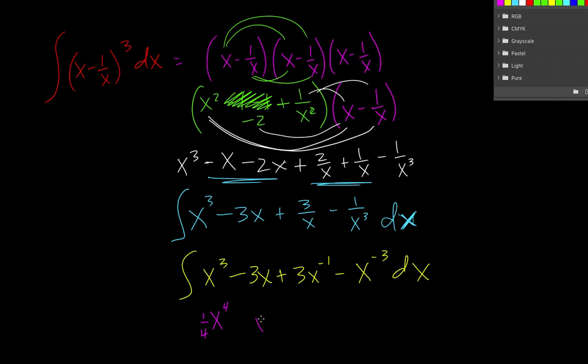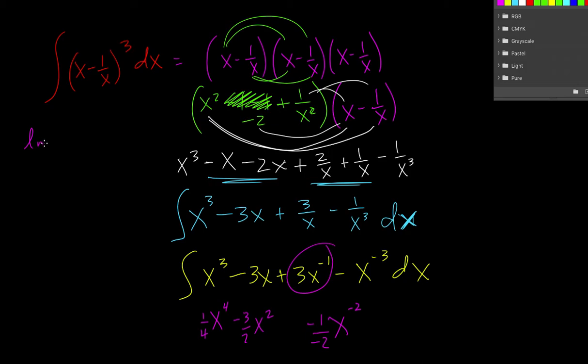Raise this by 1, so we get x squared. Divide, so we end up with 3 halves. Raise to 1. Now this is a special case. I'm going to come back to that. But we're going to raise this by 1, which is going to be to -2. And then if we divide that by -2, we get something like that.